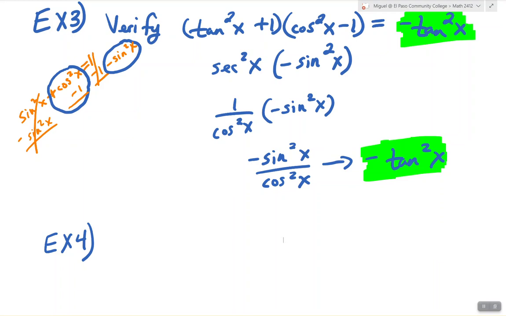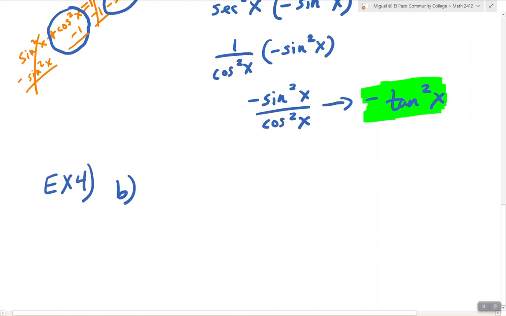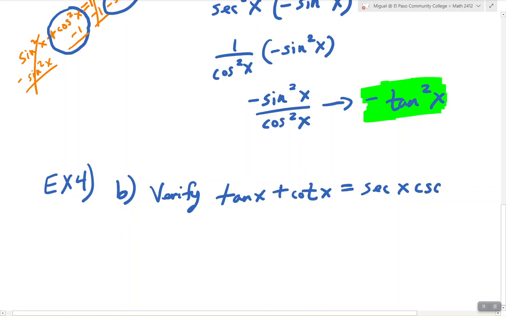Let's see. Let's do 4, but let's do part B. Part B is verify that tangent of x plus cotangent of x is equal to secant of x times cosecant of x.